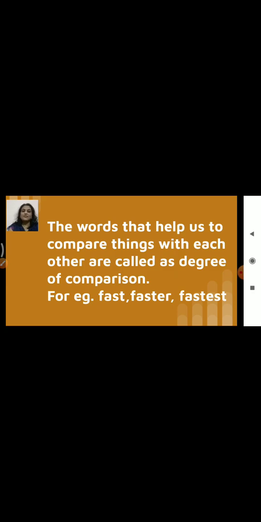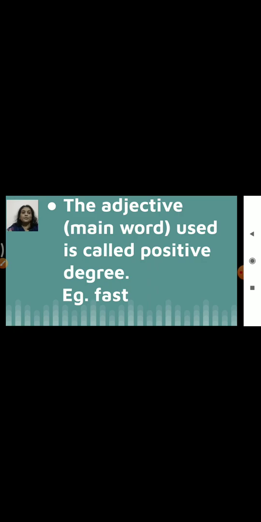For example, fast, faster, fastest. So the words that help us to compare things with each other are called degree of comparison. Follow till here?